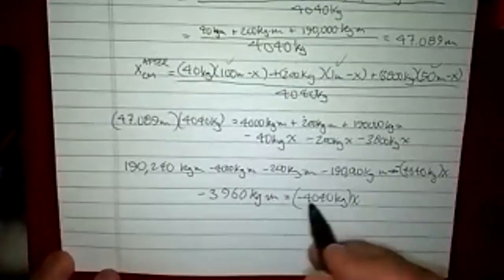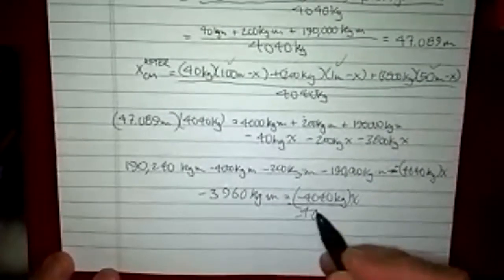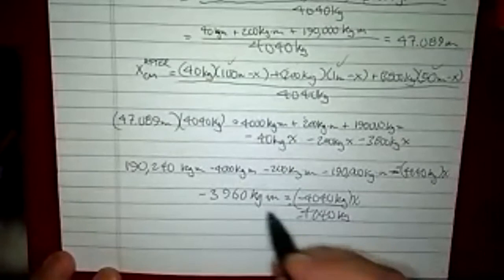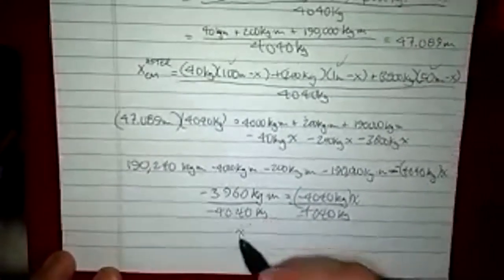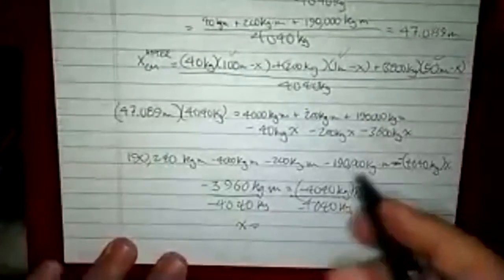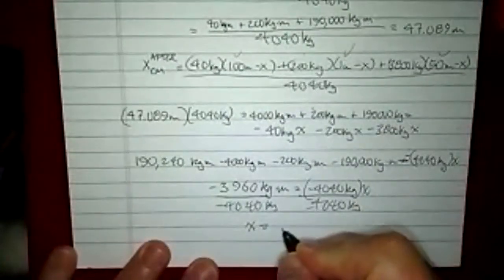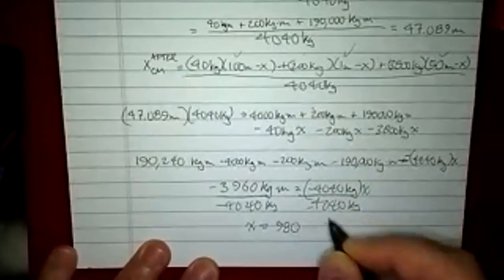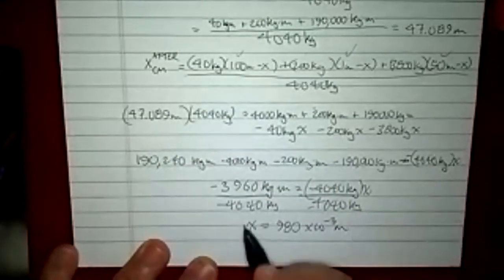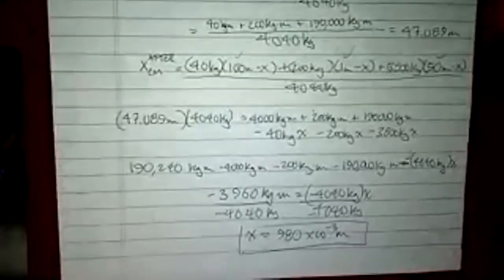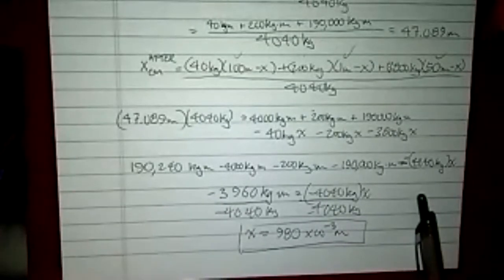So when I divide both sides by negative 4,040 kilograms, I get, lo and behold, x is equal to 980 times 10 to the negative third meters, which is exactly what we got when we used conservation of momentum.